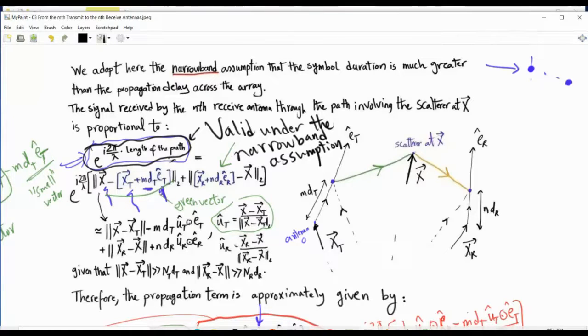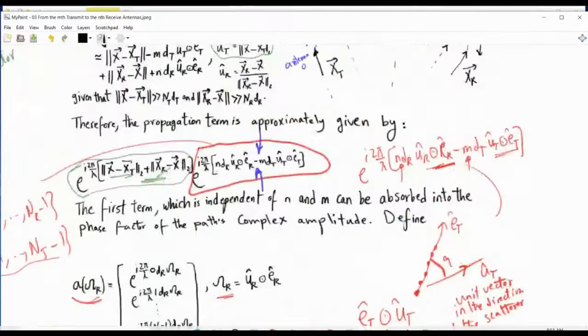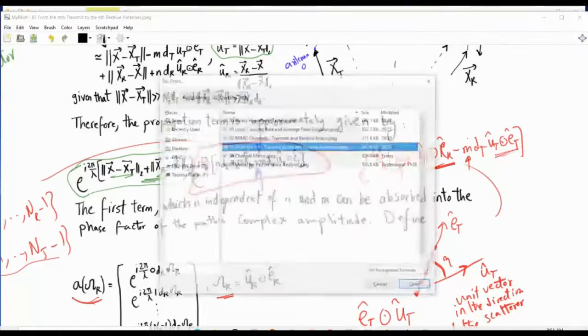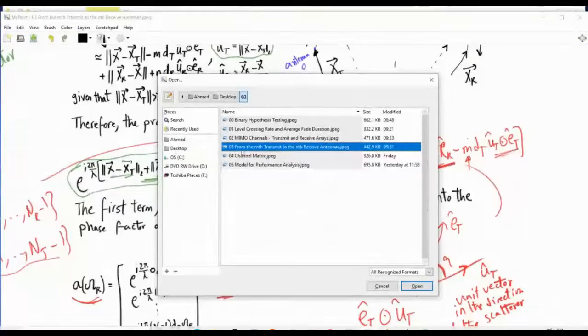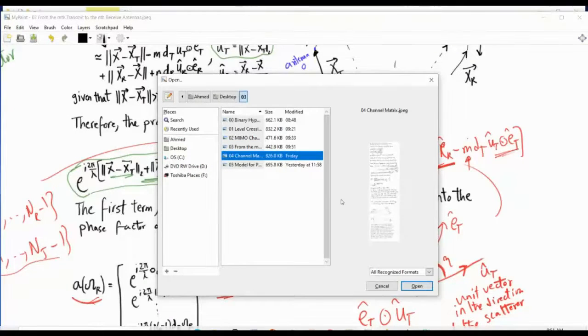And this expression, after using our assumption regarding the L2 norm of a big vector plus a small vector, will end up having this nice form. In many cases we will go for this, but if you study a wideband array, then you need to be careful; most likely the expressions here will not be suitable. Another quick question: those vectors A omega r and A omega t, are they what are called steering vectors? Yes, that's true.